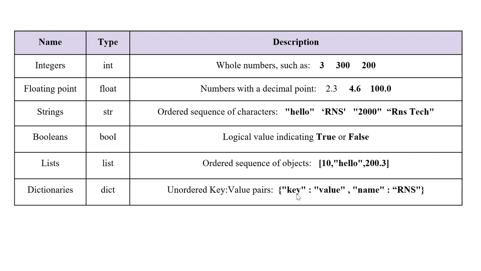Next, another key is the name of the employee, then the department of that employee. Department is the key. Which department? Is it IT or HR or admin? Like this, you can keep it with key and value.